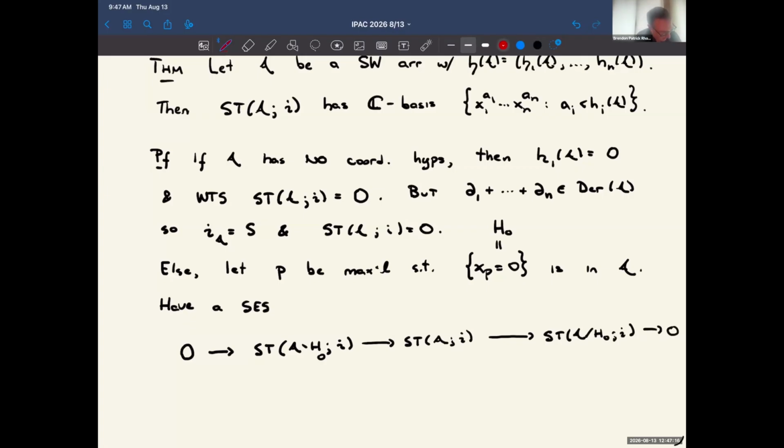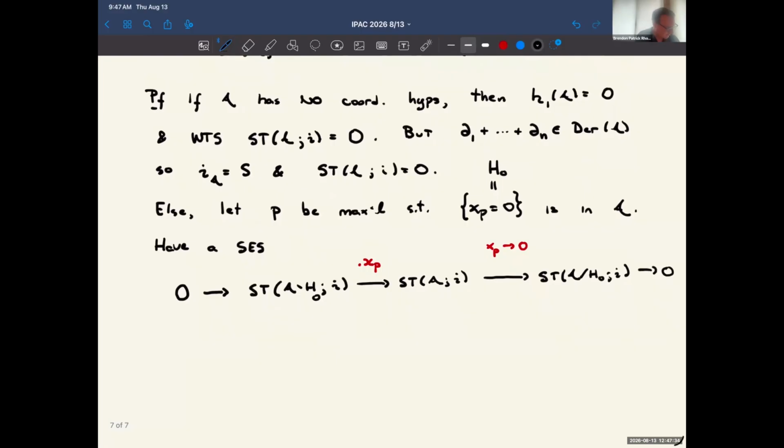And what are my maps? Well, they have to do with the linear form for H. So this first map is multiplication by XP, and the second map is induced by setting XP to 0. Now, inductively, by induction in the number of hyperplanes, we get bases of the required form on either side.